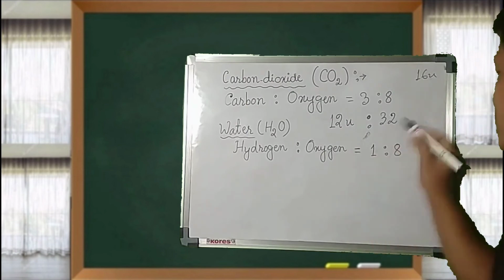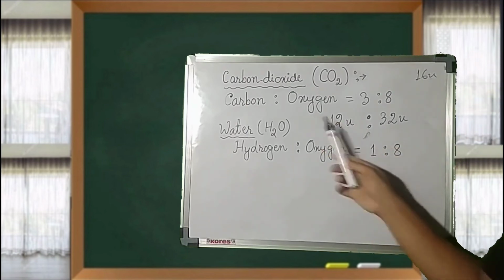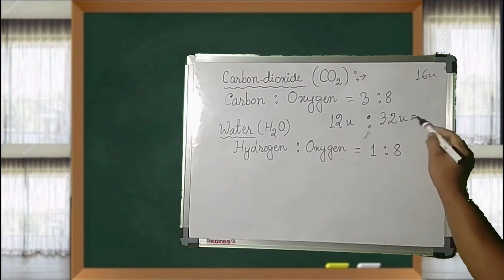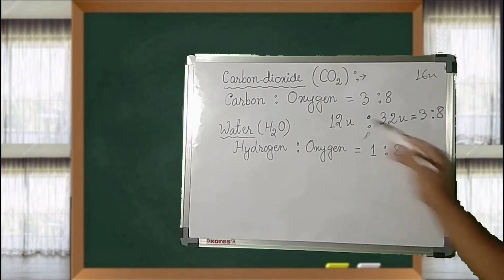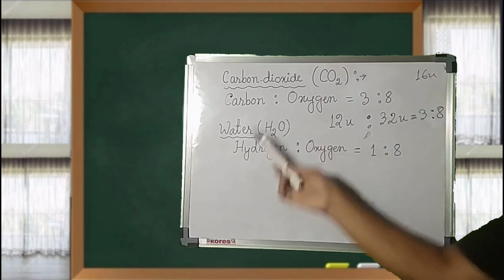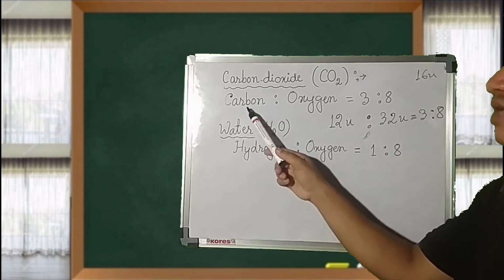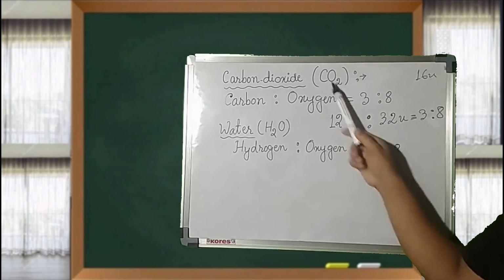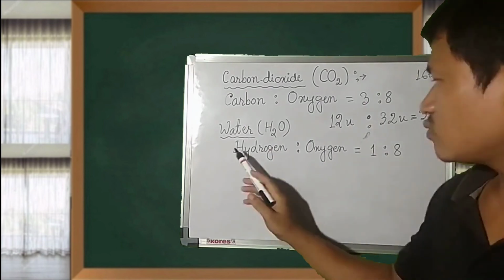If we find the ratio of these masses, then we get 4 3s are 12 and 4 8s are 32. That is why the ratio of the mass of carbon to the mass of oxygen in carbon dioxide is 3:8.